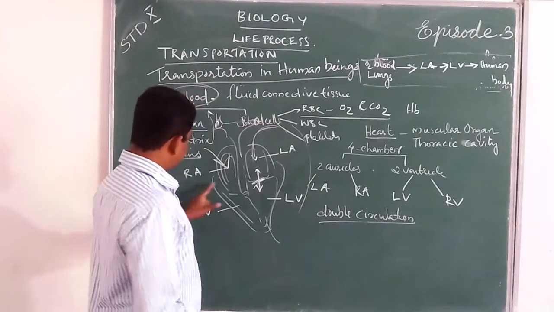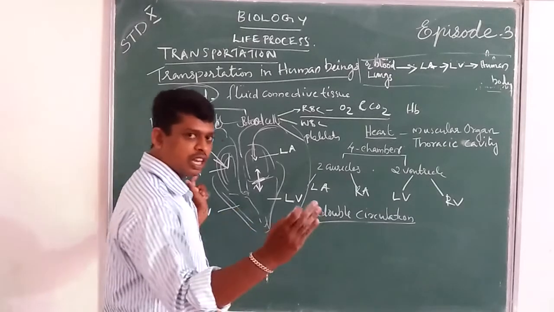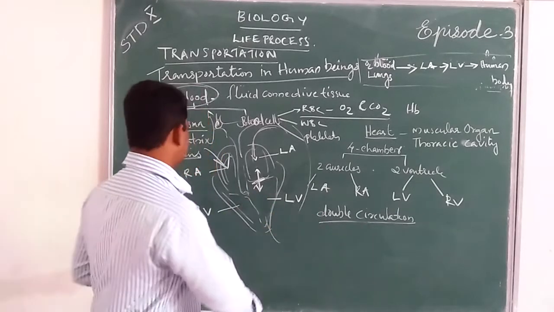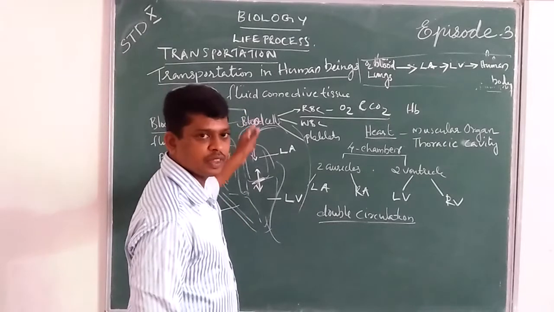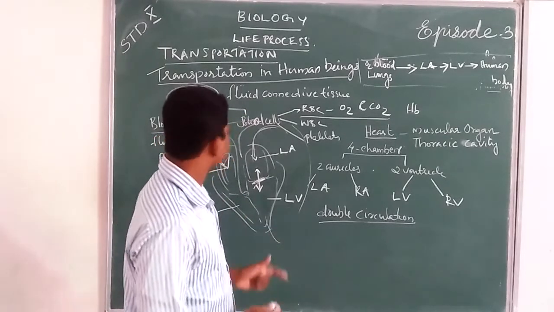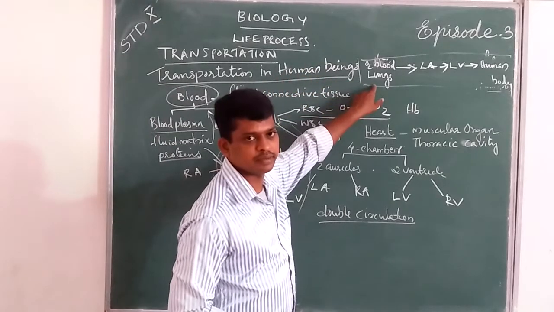When the right ventricle is filled, it contracts with high pressure, and the blood flows with high pressure towards the lungs.